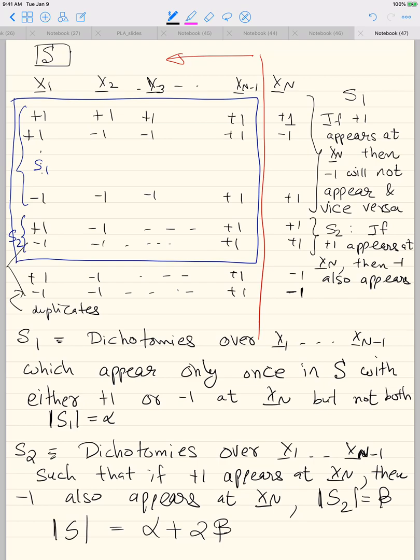Why is it that if I look at this collection of vectors and look at any k coordinates, I won't be able to see all 2 to the k combinations? So if I take k to be 2, for example, and if I look at x1, x2, then I should not have all 4 combinations. Why is that the case?